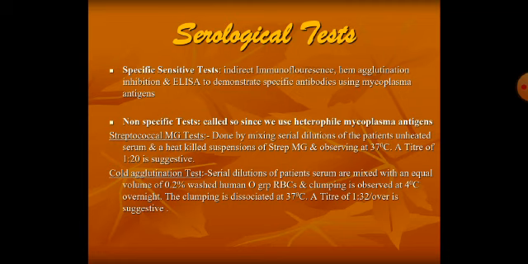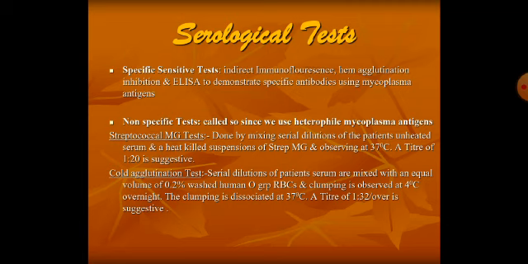Coming to the cold agglutination test, serial dilutions. In this test, we are going to use human blood group O RBCs as our antigen to detect the level of the antibodies. So, serial dilutions of the patient's serum are mixed with equal volume of human blood group O RBCs, and the clumping is observed at 4 degrees Celsius overnight.